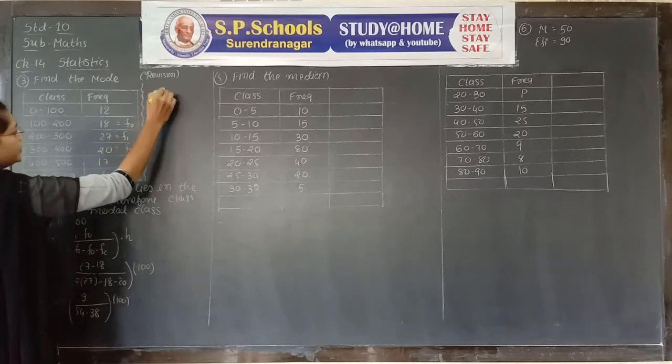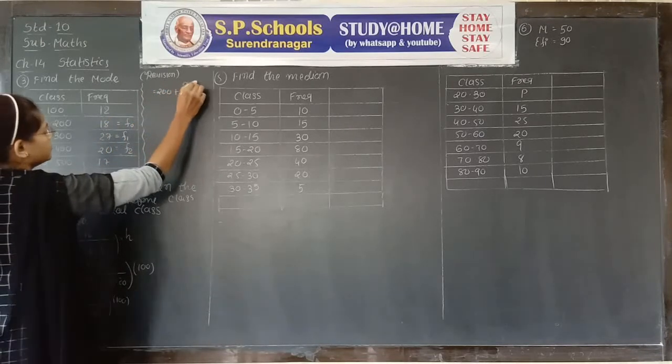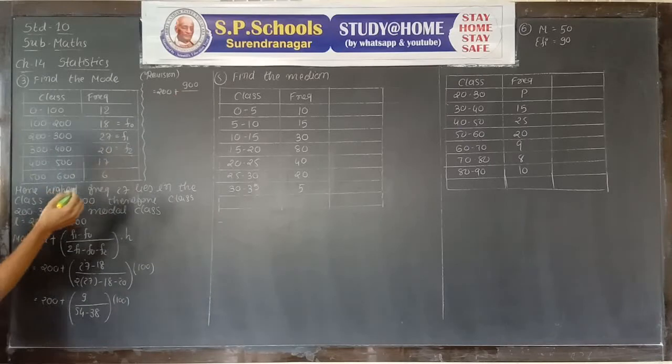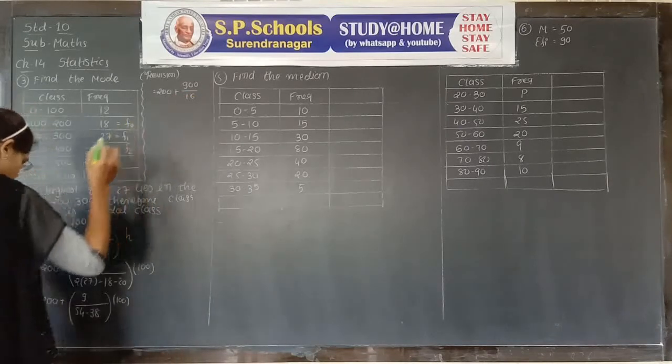Here the 200 remains as it is plus 900 upon 54 minus 38, 16.